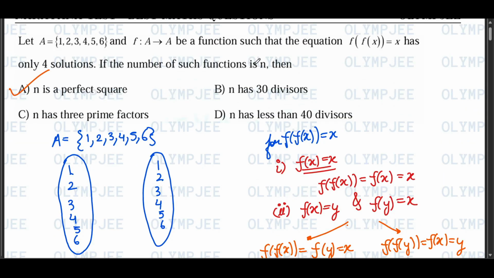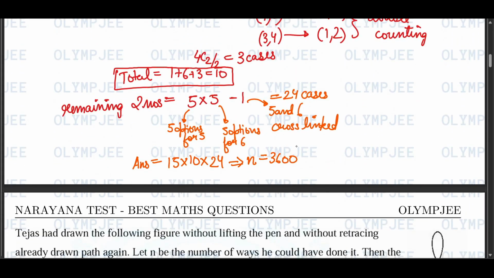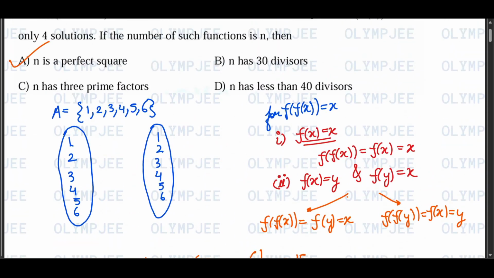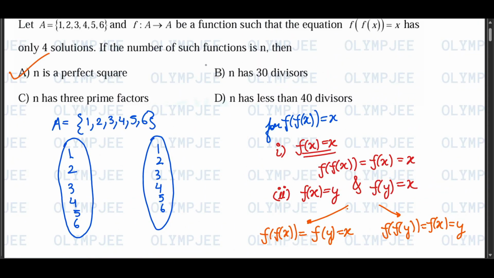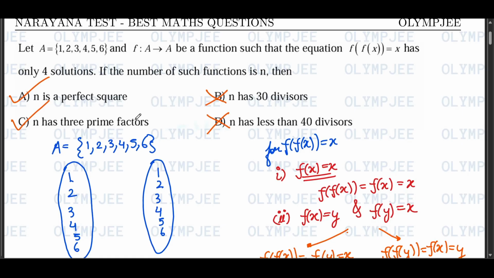So you can check the other options also. If you check the other options, then you will find out that 3600 has 45 divisors, so B is wrong, and it has only 3 prime factors, 2, 3 and 5, so C is wrong, and D is also wrong because it has 45 divisors. So the answer for first question is A and C.